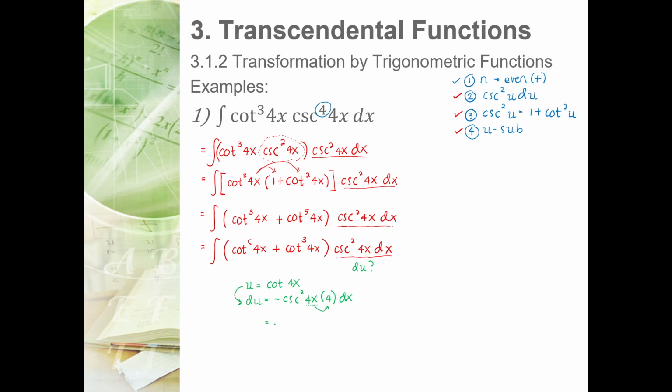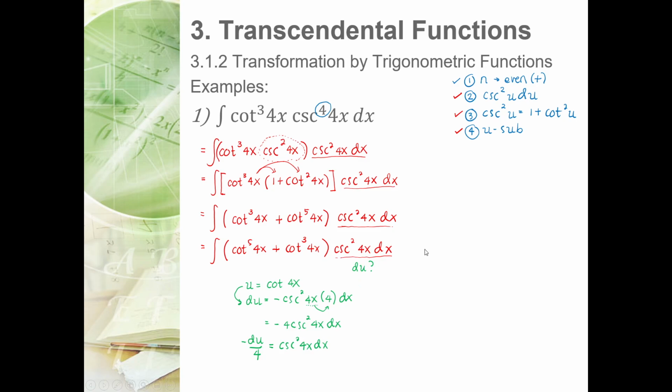So we have negative 4 cosecant squared 4x dx. As you can see, it's still not the exact value of the factored out term earlier, so we need to divide by negative 4. So you have negative du over 4 is equal to cosecant squared 4x dx.